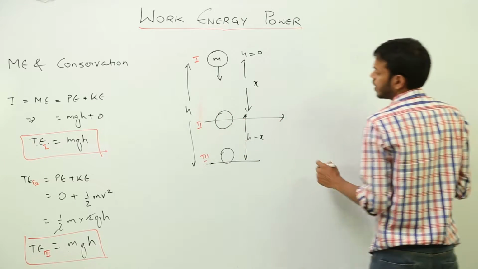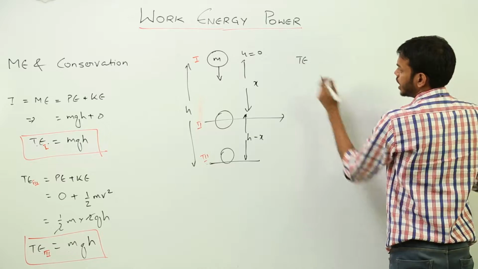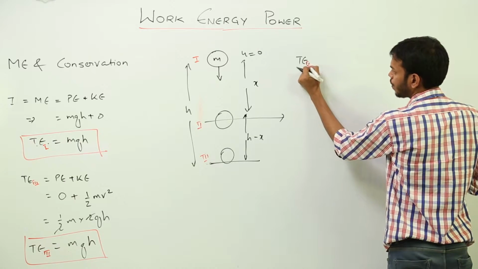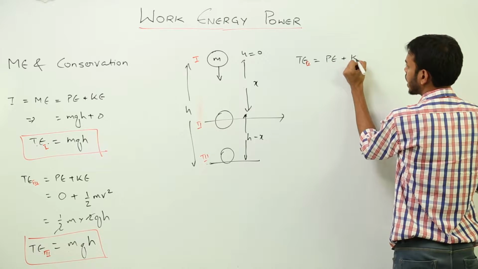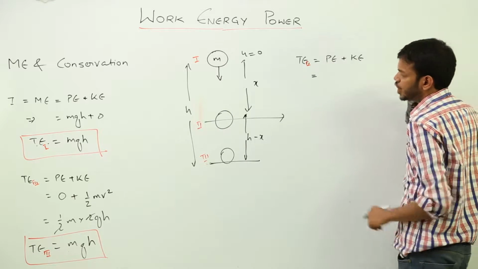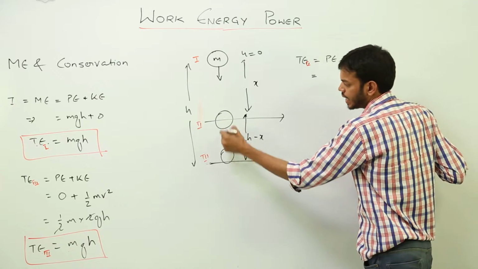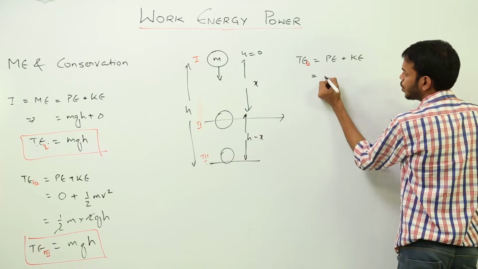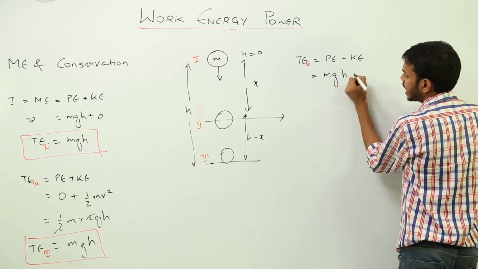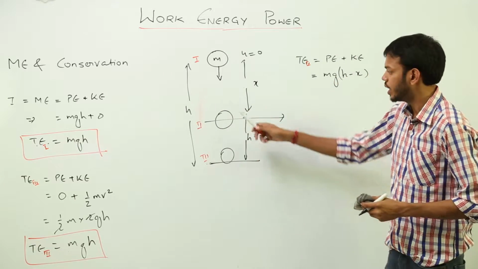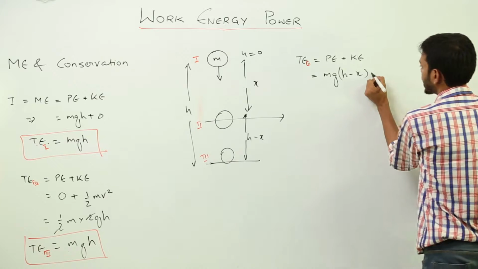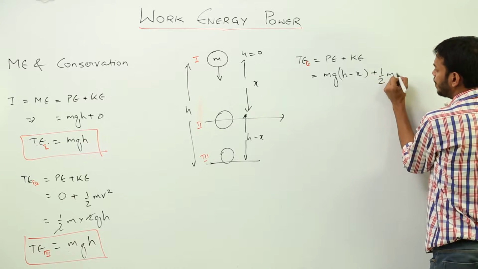Total energy at position number 2 is potential energy plus kinetic energy. At this height, the height is h minus x, so potential energy is mg(h minus x). This is the height above the ground where the object is placed right now. Plus kinetic energy, half mv square.